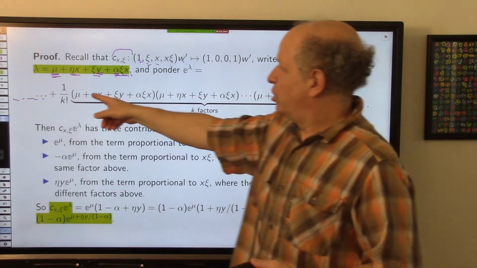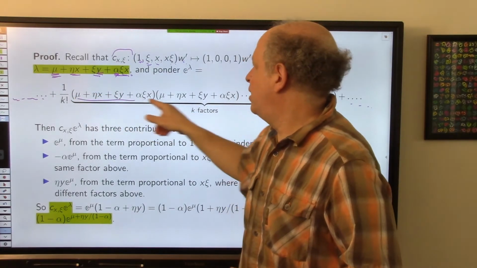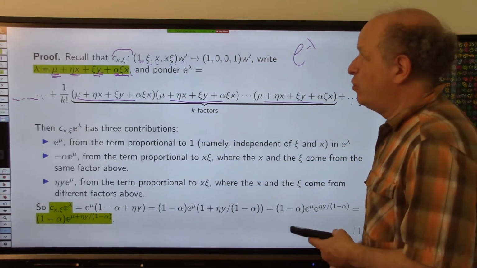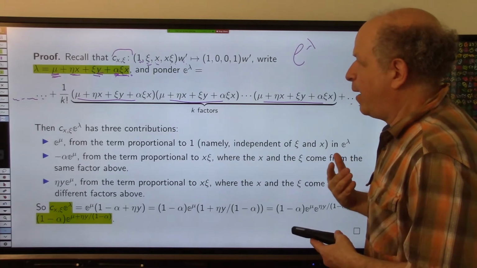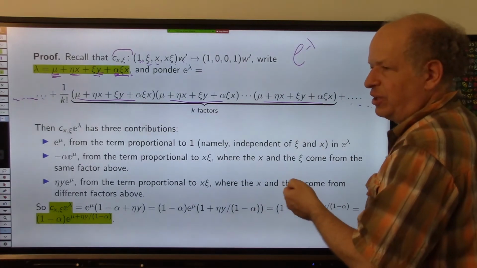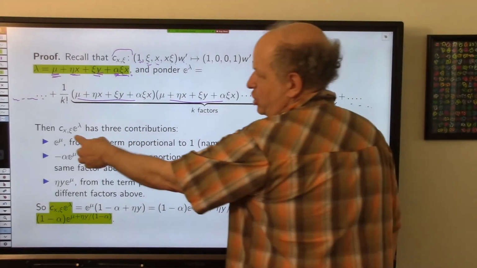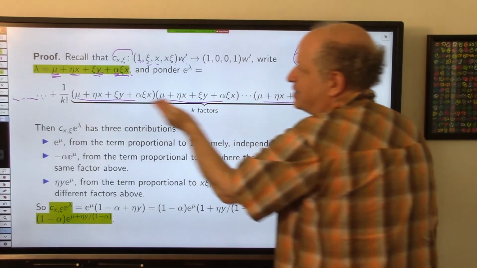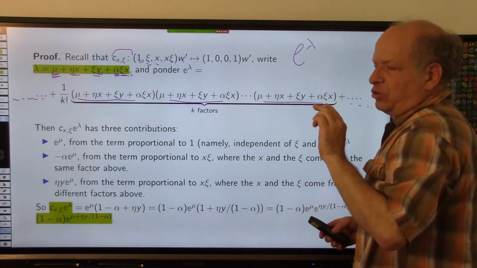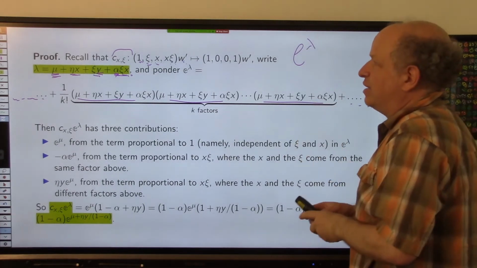Okay? So here is lambda again, k times. Now, I want to look at the contraction of x and xi inside this thing. There are two parts to the answer.